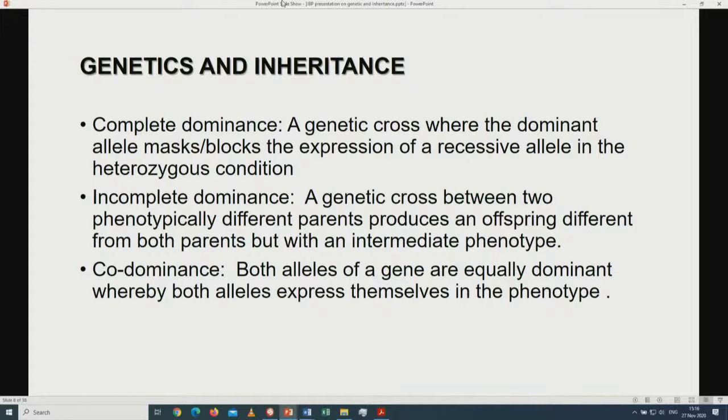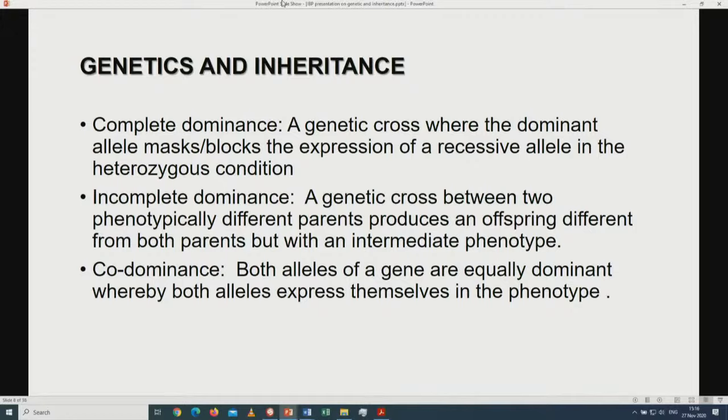For example, say the characteristic is coat color. Maybe we have a black mouse and a white mouse, but the offspring of these two mice appears gray. Gray is an intermediate phenotype between black and white.